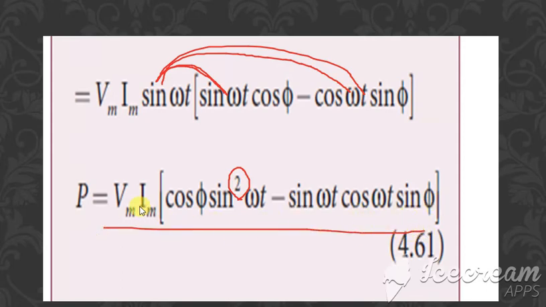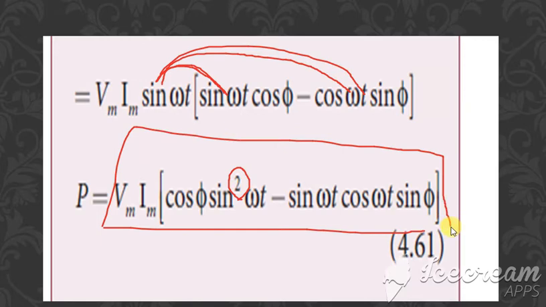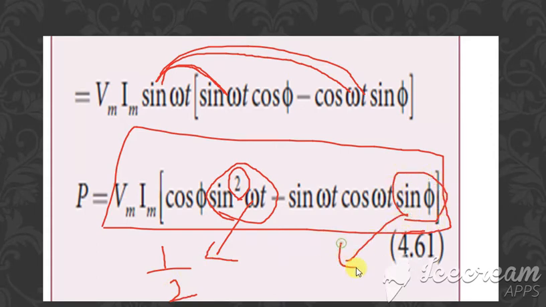As we have seen already, whenever we are dealing with power, we have to take one complete cycle. Over one complete cycle, the average value of sin square omega t will be equal to 1 by 2, and the average of the second term involving sin phi will be equal to 0, so it fully becomes 0.